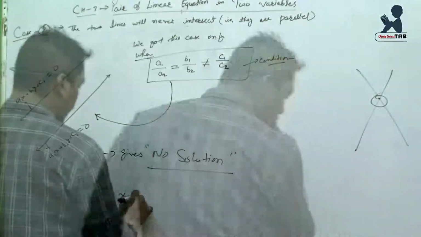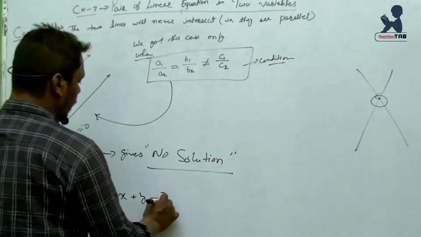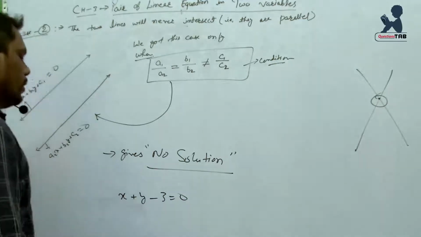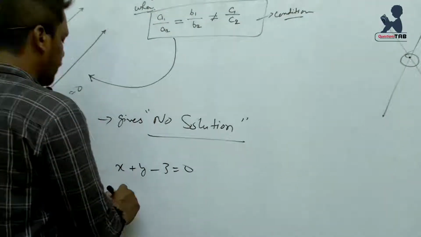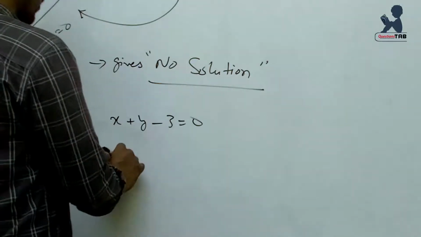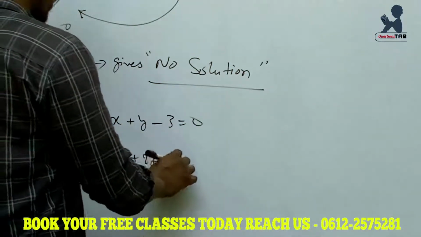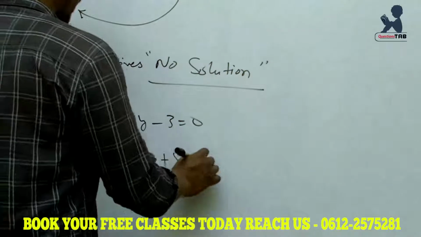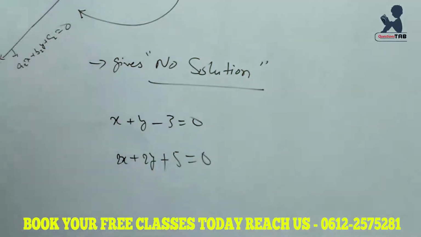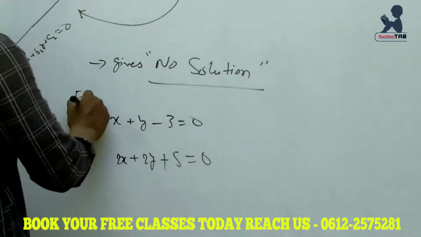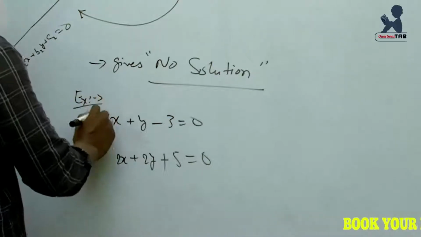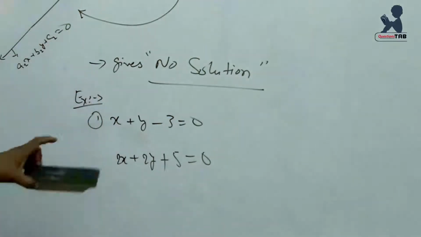So x plus y minus 3 equals 0 and 2x plus 2y plus 5 equals 0 is an example of this type of equation.